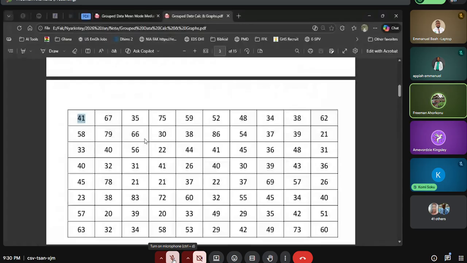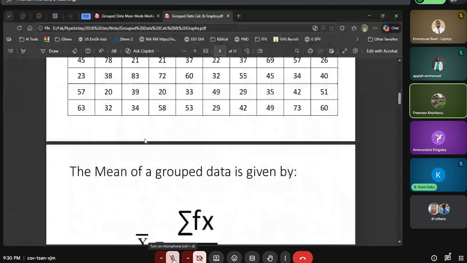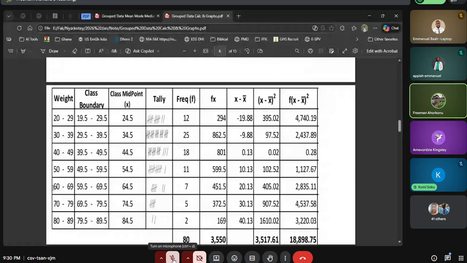Where is 67? 67 belongs to this class, so we put a stroke there. We'll do this for all the numbers. If you do it correctly, for the first class you will have 5, 5, and 2.